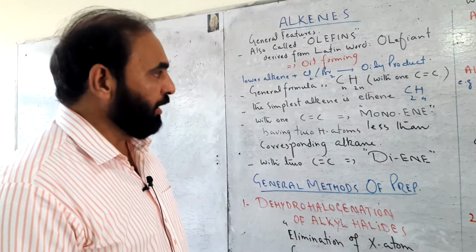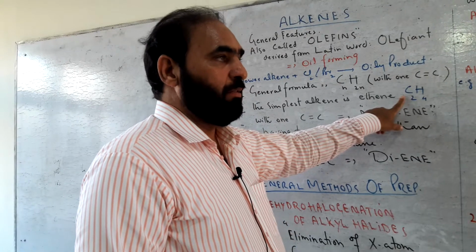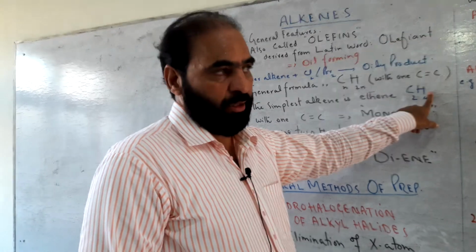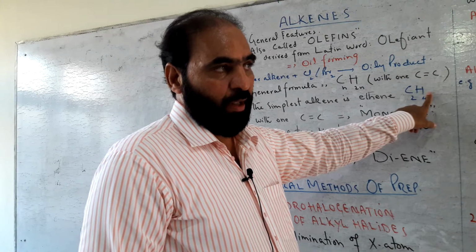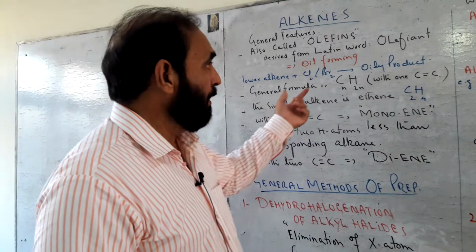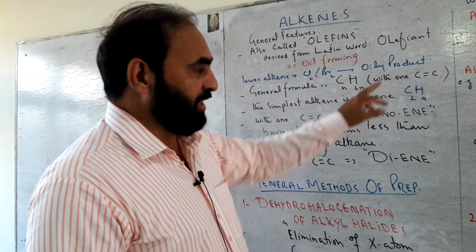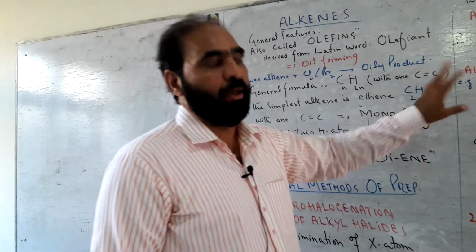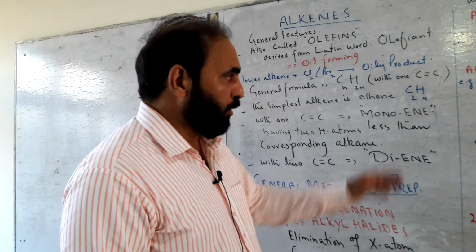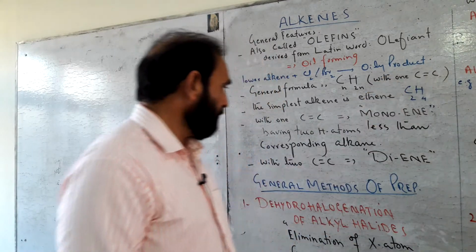For example, if we have an alkane with 2 carbon atoms, then there should be 6 hydrogen atoms and all C-C bonds are single bonds. But in the case of an alkene with 2 carbon atoms, we have a C=C double bond and 4 hydrogen atoms. 2 hydrogen atoms with each carbon atom make single bonds.